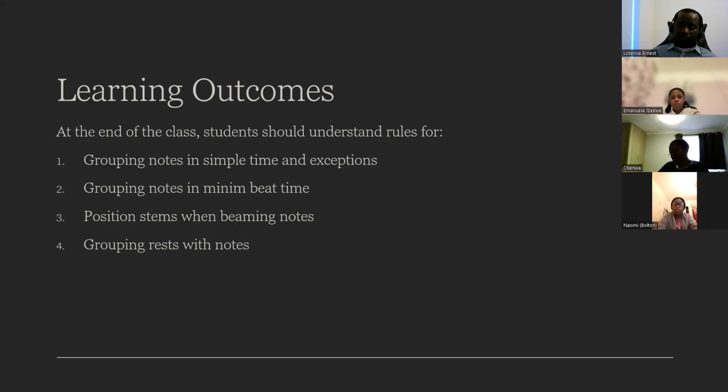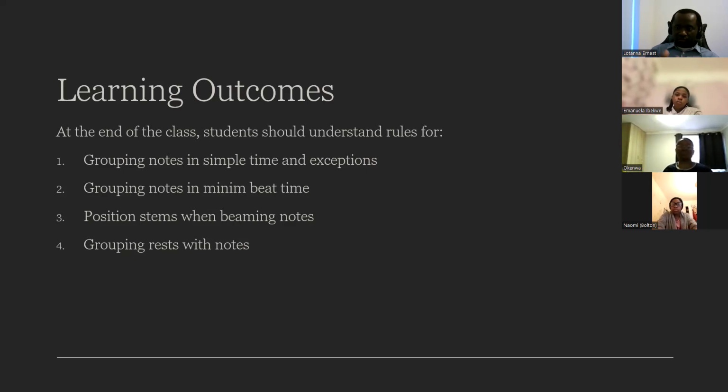And then when you're also grouping notes, we're going to see how do you position the stems. When we talk about stems, we're talking about notes like quavers and semiquavers, those notes that have stems. Even we're talking of notes like crotchets and minims. So I beg your pardon, stems are different from hooks. So the notes that have stems, they start from minims, am I right?